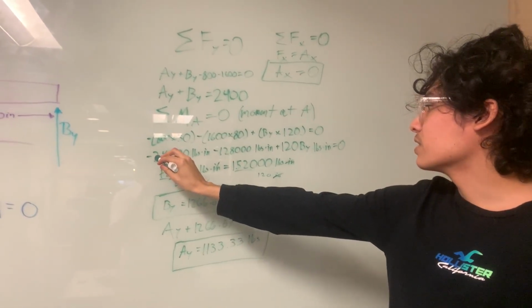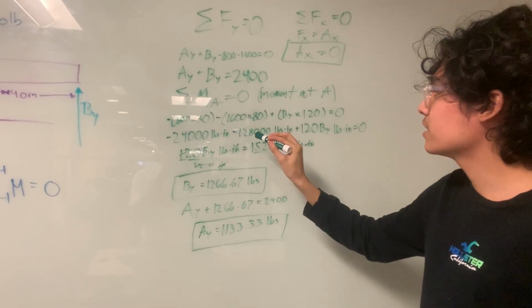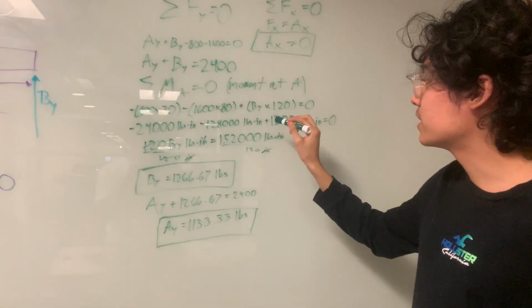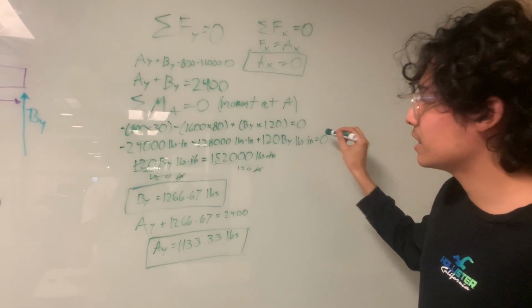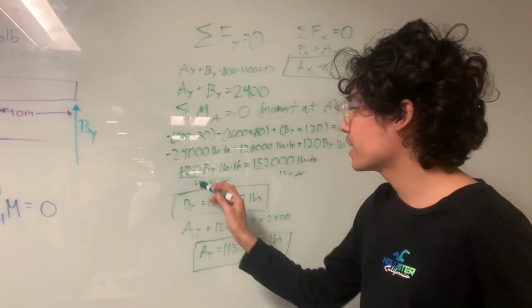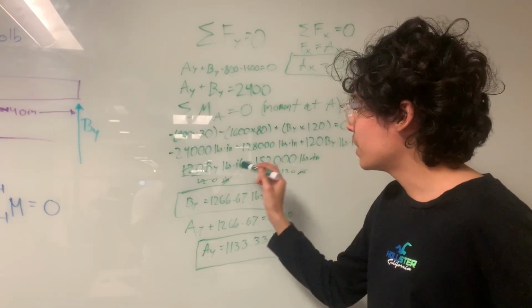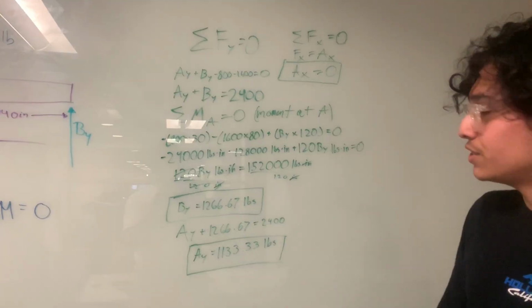Now we simplify all of these numbers. We get negative 24,000 pounds times inch minus 128,000 pounds times inch plus 120 B of Y pounds times inch is equal to 0. We can move the two constants over to the other side, and we get 120 B of Y pounds times inch is equal to 152,000 pounds times inch.